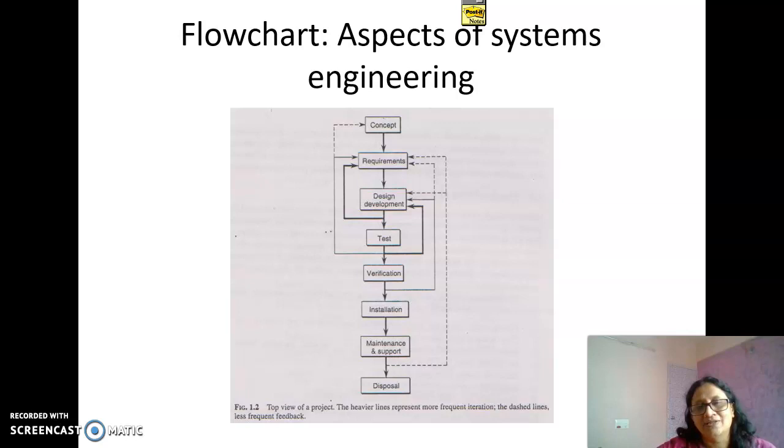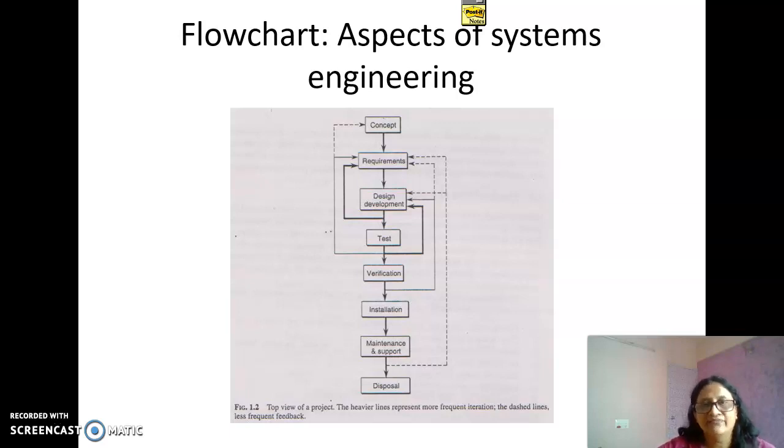After designing, thorough testing is carried out, then verification is performed to meet users' or customers' requirements, then proper installation of the product or system is conducted. Of course, maintenance and support is very important. So support documentation is also prepared and then the product is launched in the market.